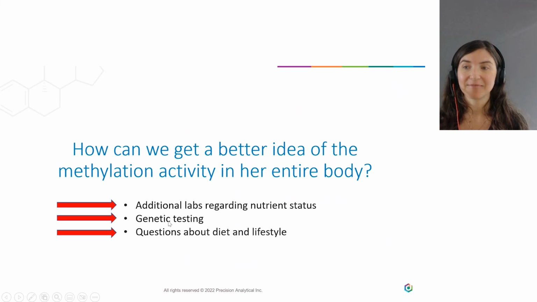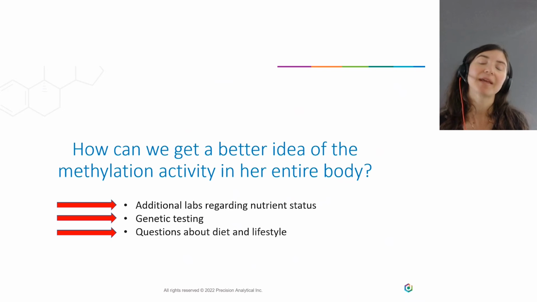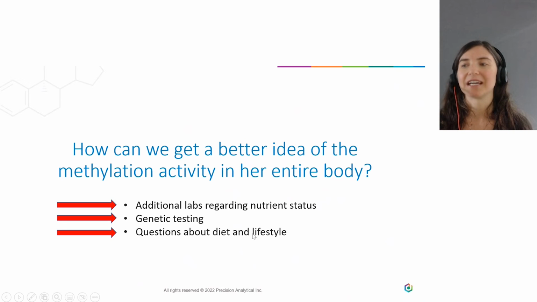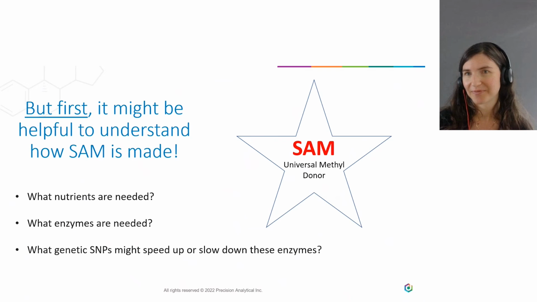Genetic testing: to make SAM, we also need certain enzymes functioning. And then we can ask questions about diet and lifestyle, which will give us an idea of nutrient status. Is she eating foods high in folate? Is she really stressed out or drinking alcohol and depleting her B vitamins? Those are some examples.